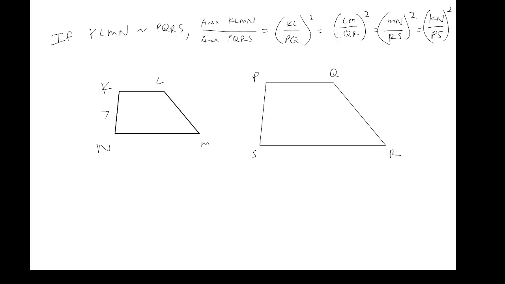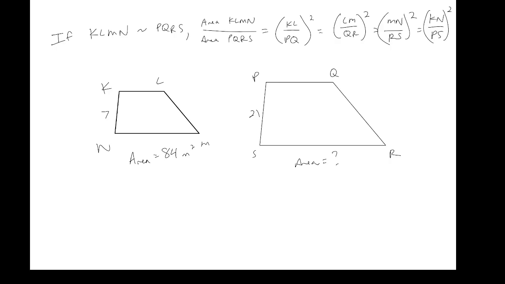We have this length of 7 and PS is 21, right? So there are these corresponding parts here. And then the area of KLMN is 84 meters squared. And for PQRS, the area we don't know.